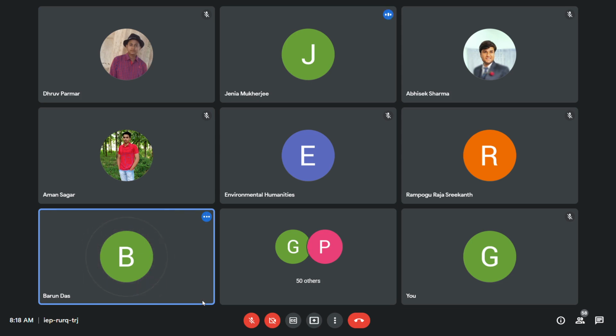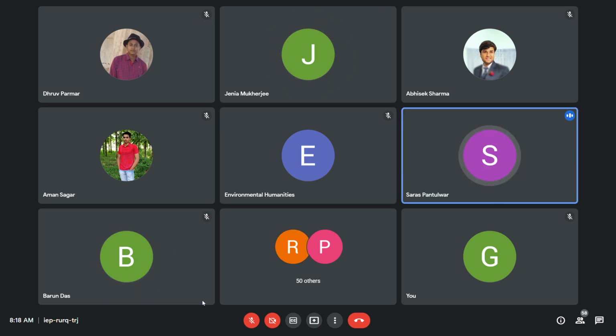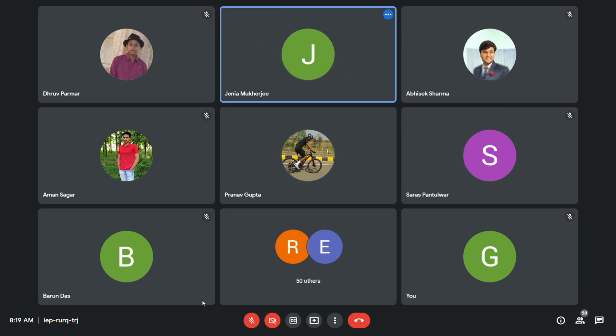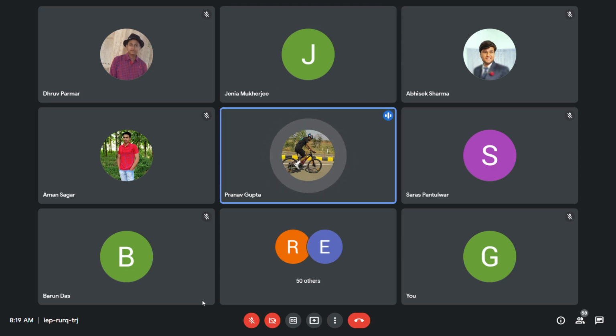And the water is quite tranquil and calm because we can clearly see the ripples made by the boat and the oars. Okay.